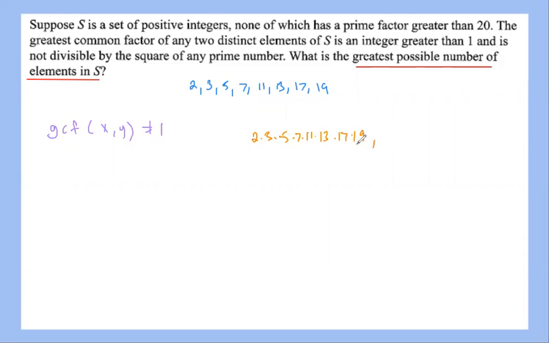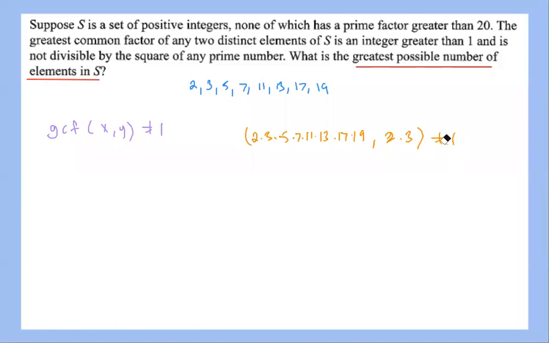If I take this number and any other number in that list, let's say 2 times 3, then the GCF of these two products will not be 1. That will be 2 times 3 at least, because I have 2, 3 in both. So my GCD will be 6, which is not divisible by a perfect square either, so this is acceptable.